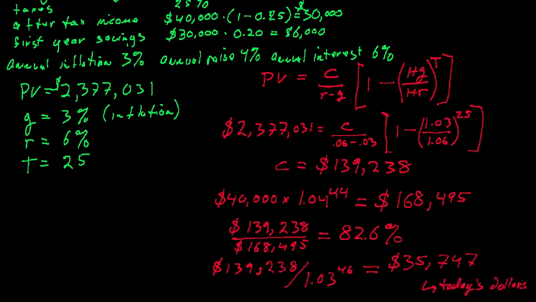So the purchasing power of your retirement income in today's dollars is $35,747, which is somewhat less than the purchasing power of the $40,000 you earned the first year of working.